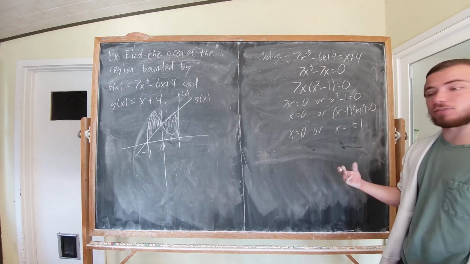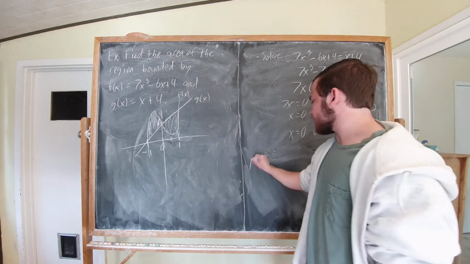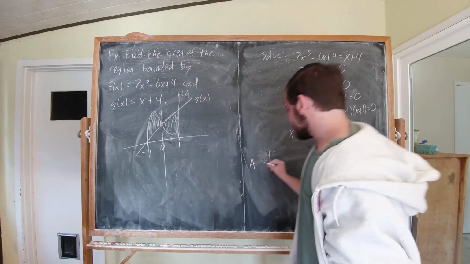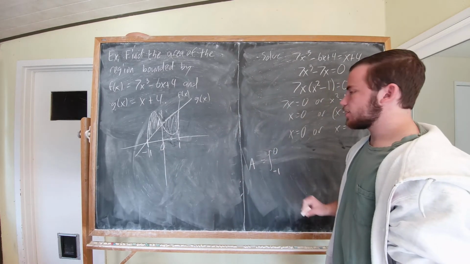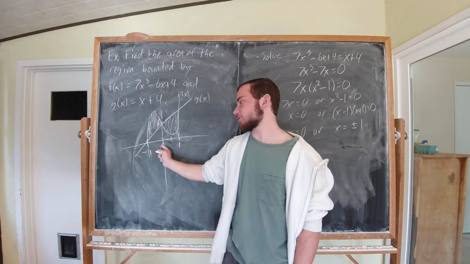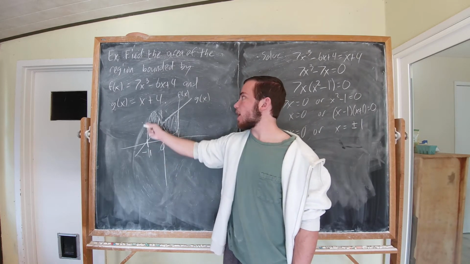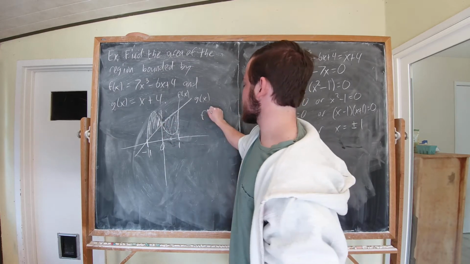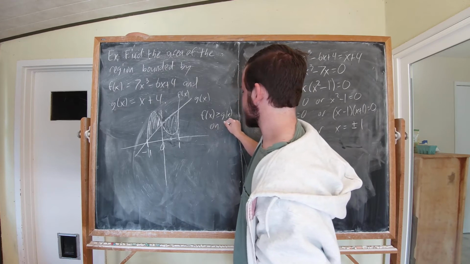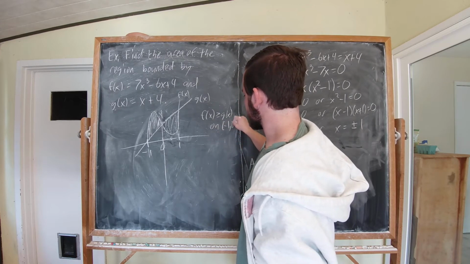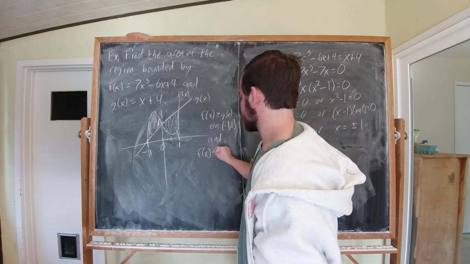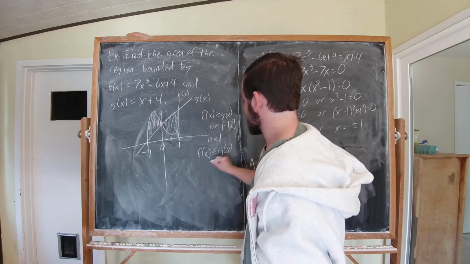But now we can set up our integral. Our area, our final answer, is going to be the integral between -1 and 0. Our entire area spans -1 to 1, but we have this split at 0. Between -1 and 0, f of x is greater than or equal to g of x, and it's below g of x on 0 to 1.